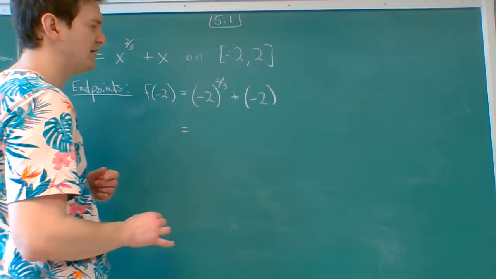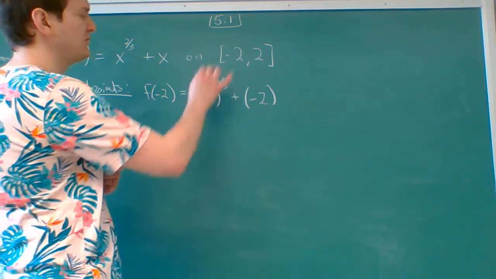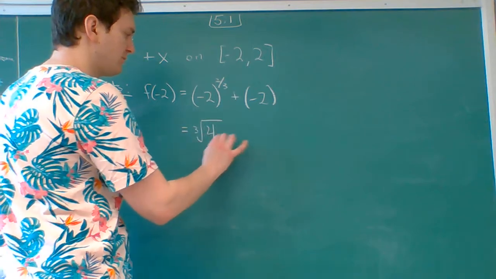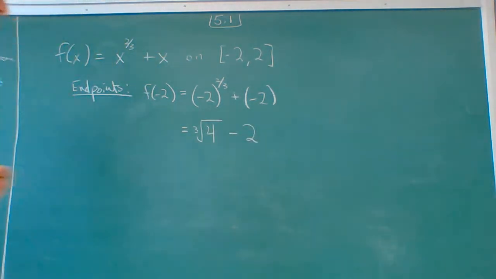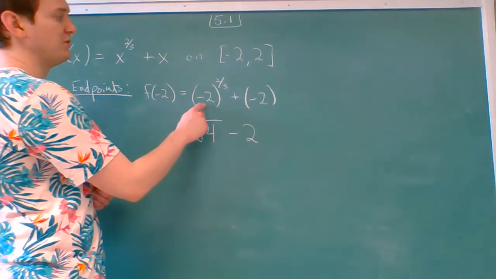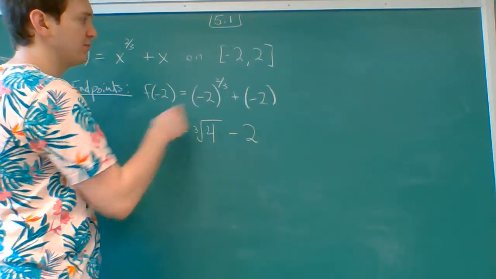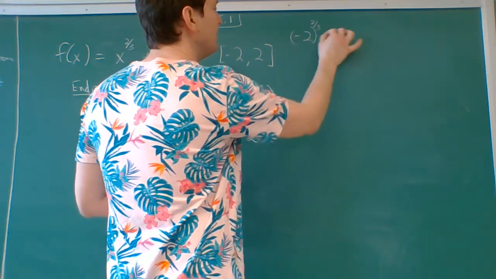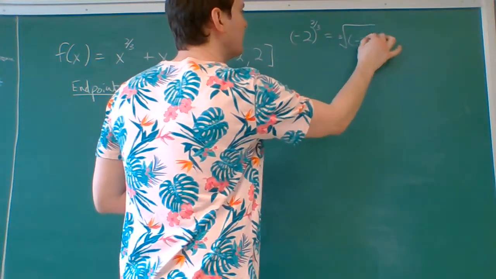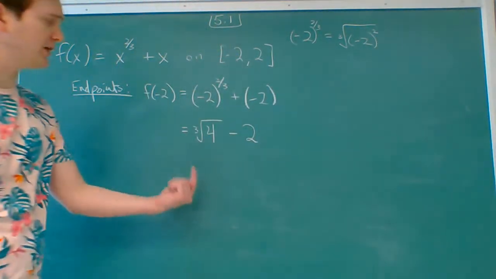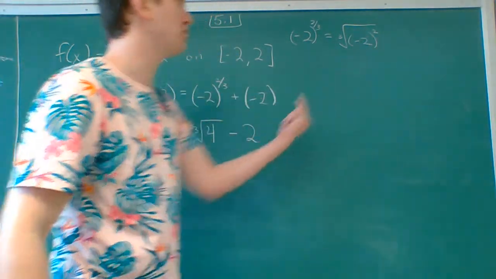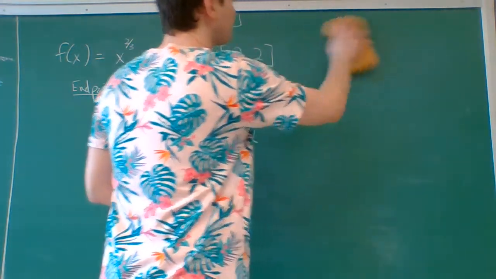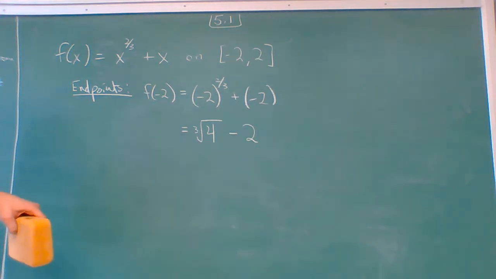That's going to be, let's see, negative 2 squared and then cube rooted, so cube root of 4 minus 2, and we'll leave it just like that. Remember, negative 2 to the 2/3 means cube root of negative 2 squared. So that's how I got cube root of 4, because negative 2 squared is 4.